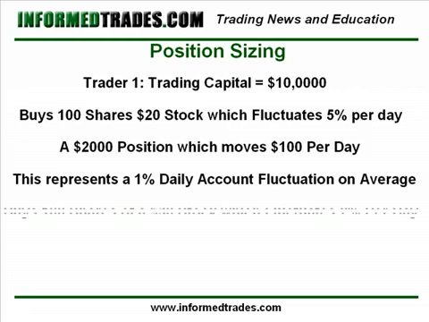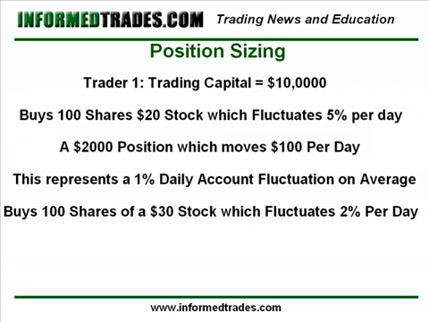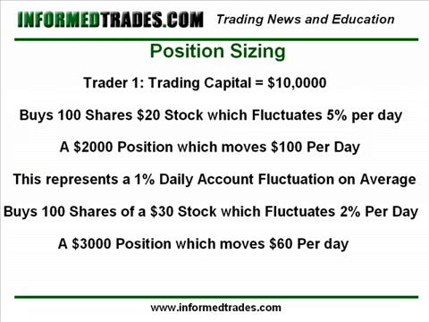Now let's say the same trader buys 100 shares of a $30 stock, which fluctuates 2% per day. This is a $3,000 position, so a bigger position, but a position that only moves $60 per day in relation to the smaller position that the trader took with the first stock, because of the greater volatility of that stock, 5% versus 2%.